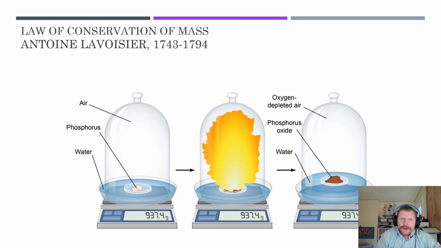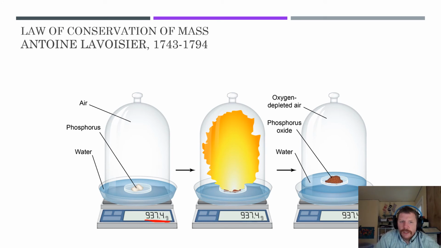What we're seeing here is a bell jar that has underneath it a dish with phosphorus in it and a pool of water. Inside this bell jar, we've got air. Phosphorus is highly reactive. And what we see on our digital balance is a mass of 937.4 grams.